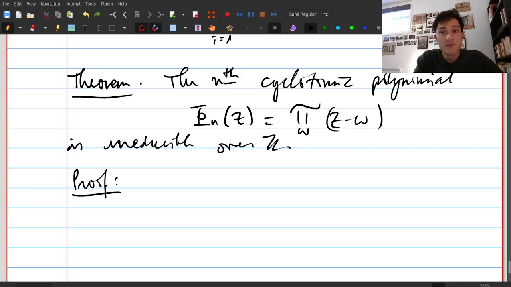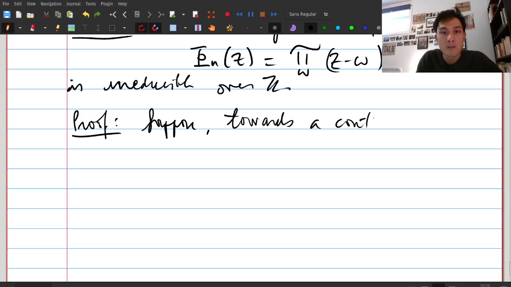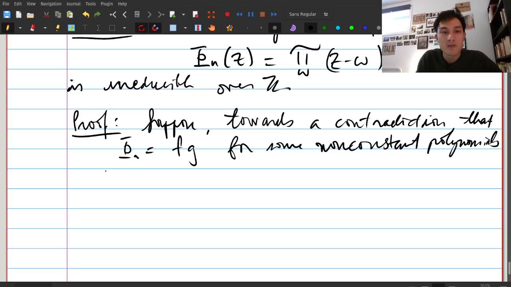Okay, so it's a proof by contradiction. So suppose, towards a contradiction, that phi sub n is equal to fg for some non-constant polynomials f and g in integer polynomials.